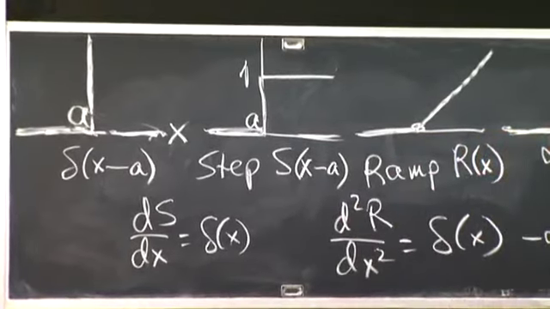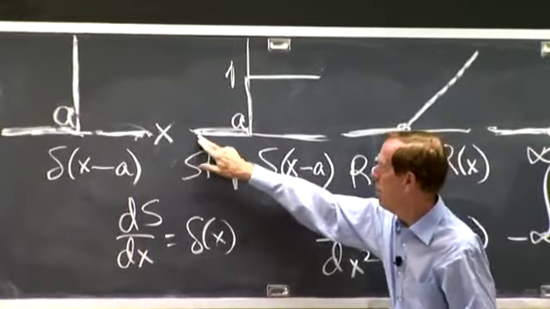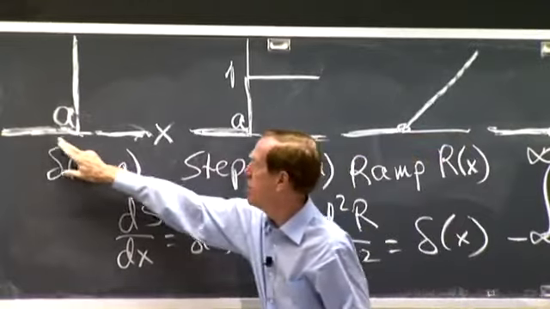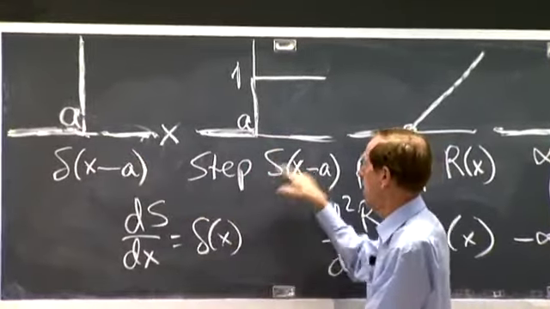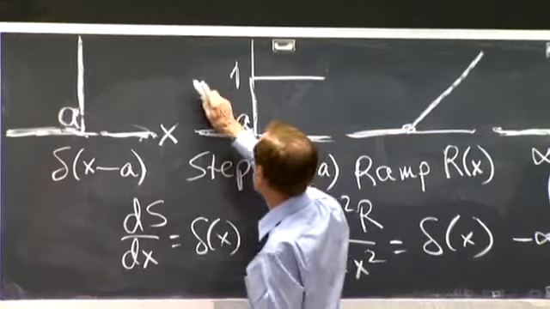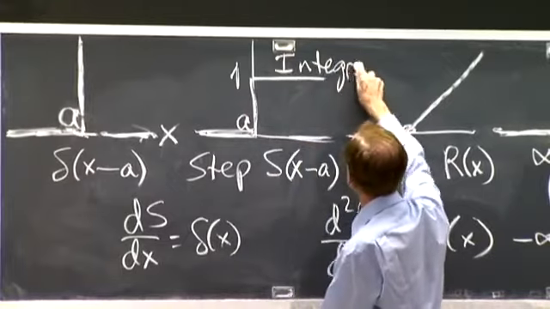Because, just for the reason we said, if we integrate, the integral is 0, and then as soon as our integral passes this point, I integrate to get to this picture.